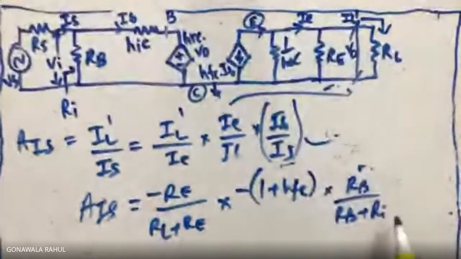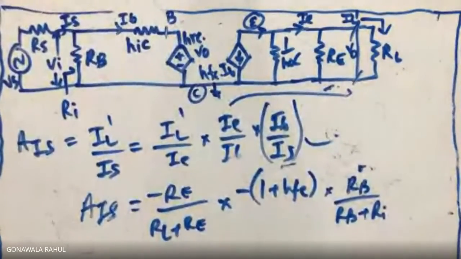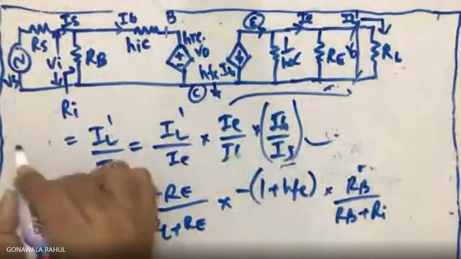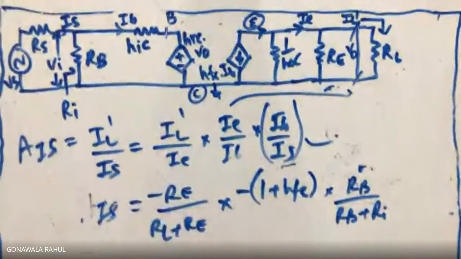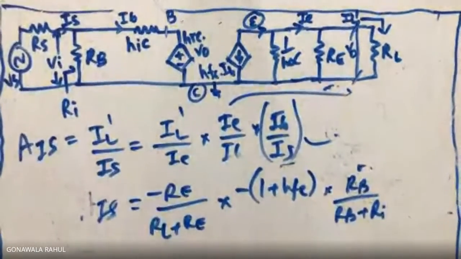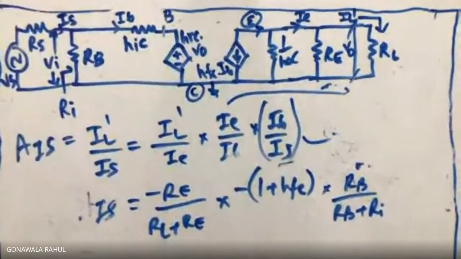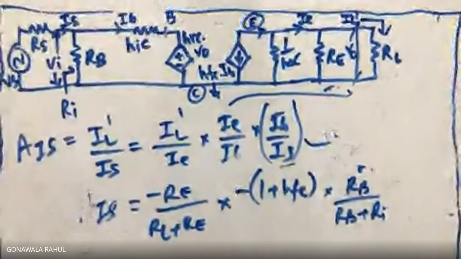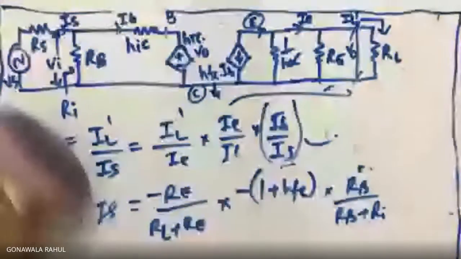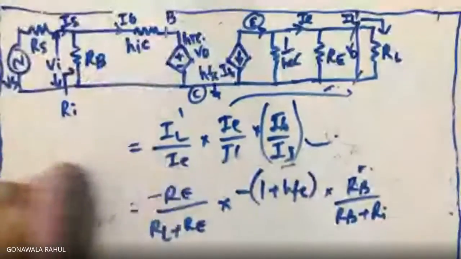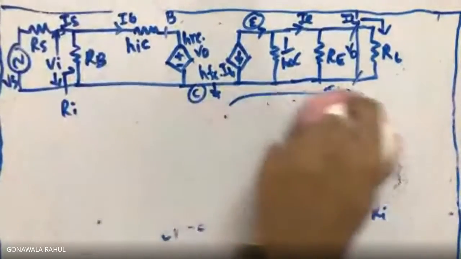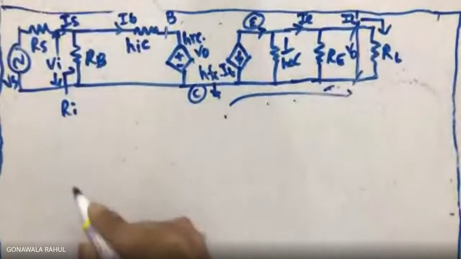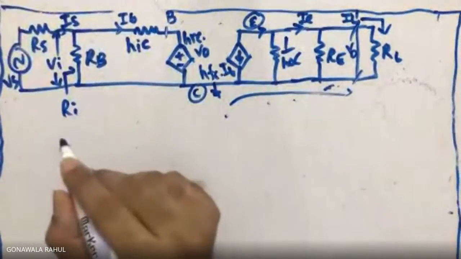Clear? The Ri is my input impedance that we are going to find now. Now we are going to find out Ri.